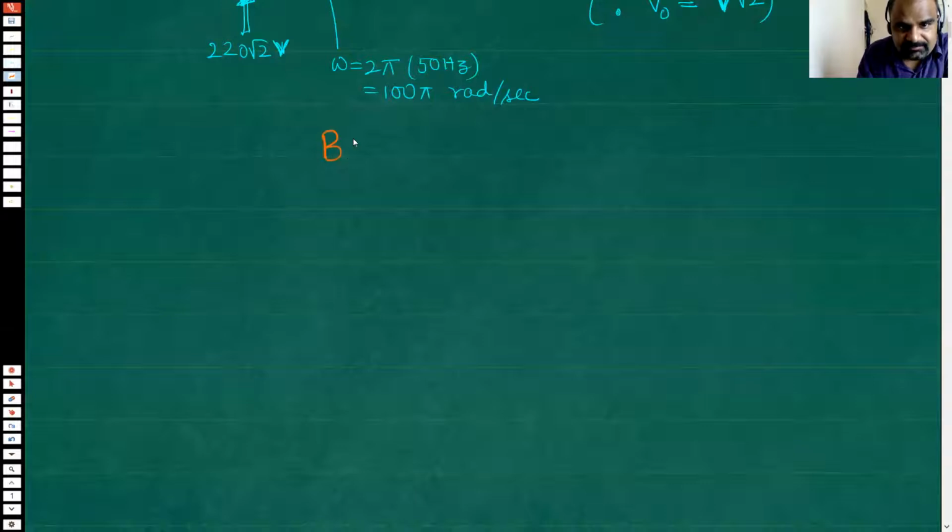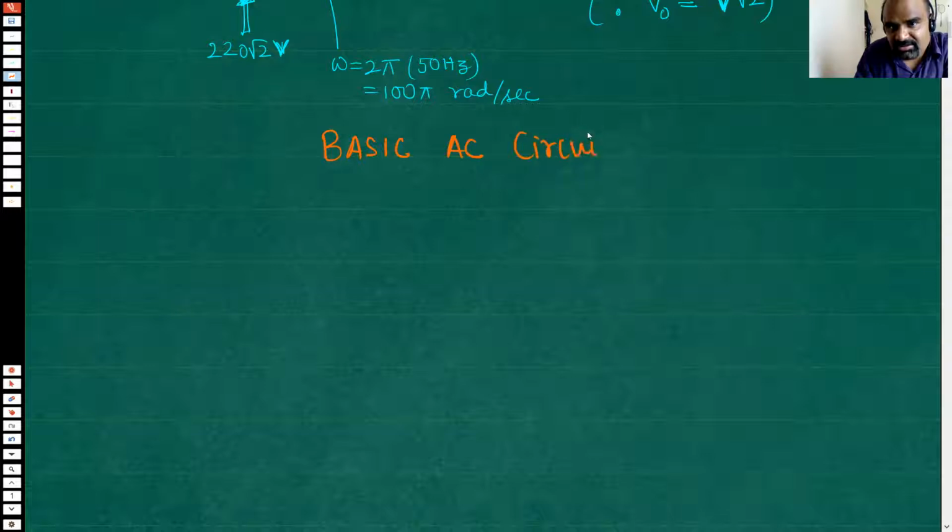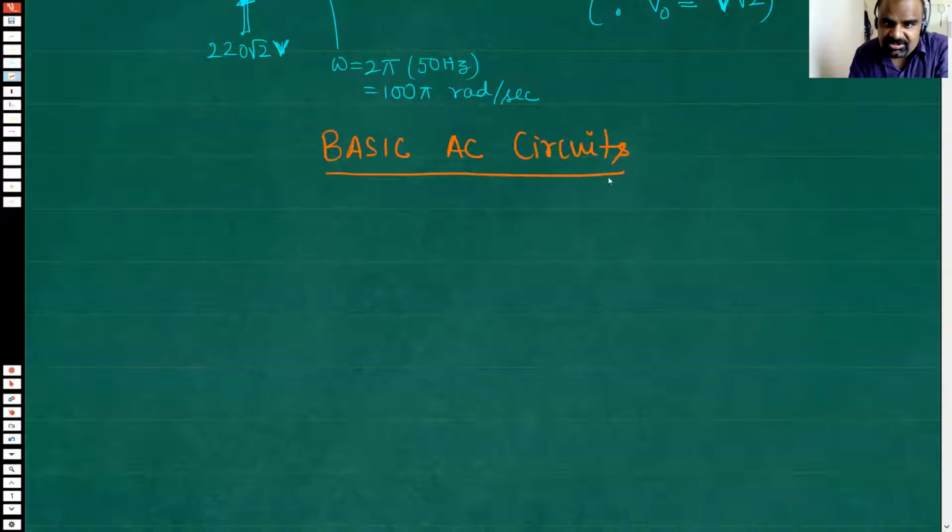So basic AC circuits. As of now, we will study basic AC circuits. Basic means no combination, only resistive, only inductive, that kind of thing.